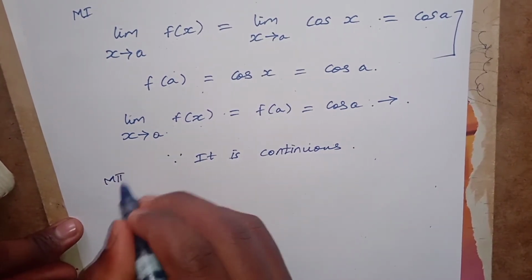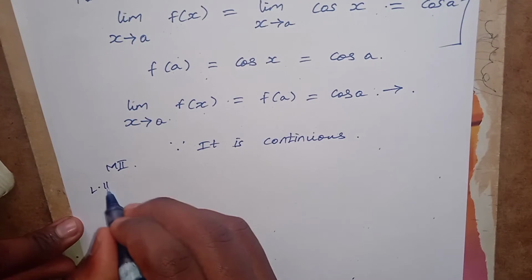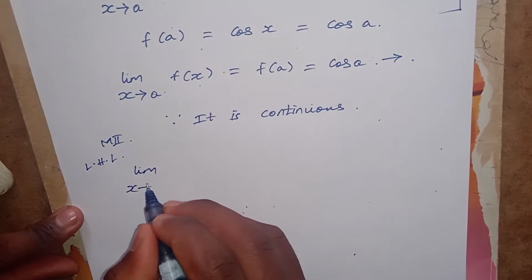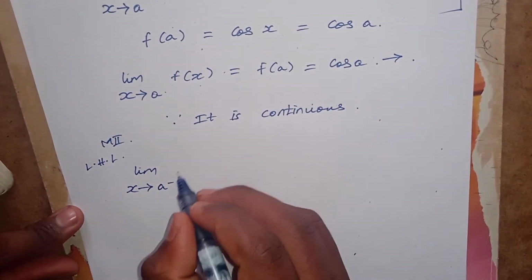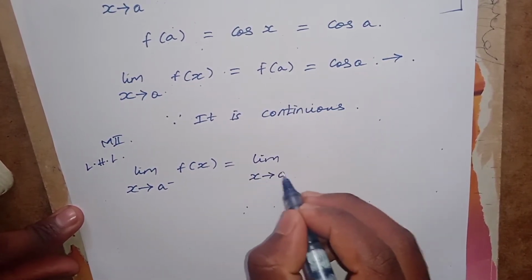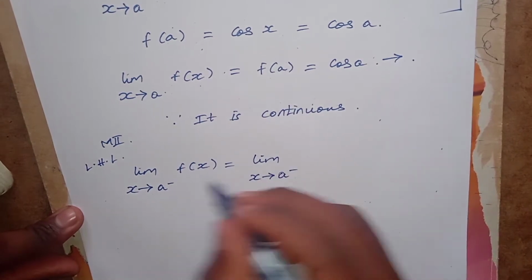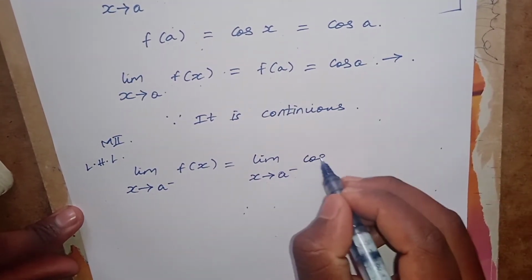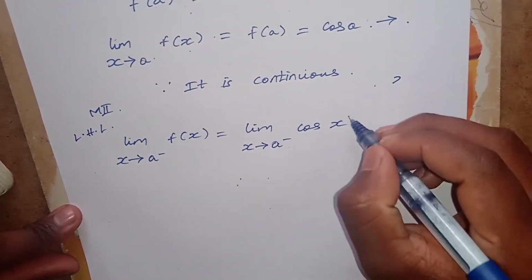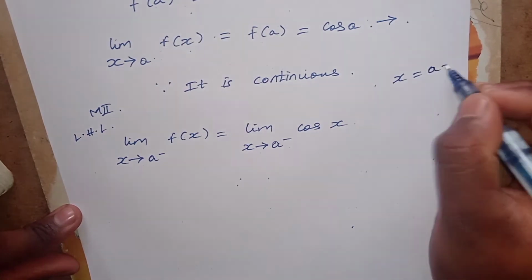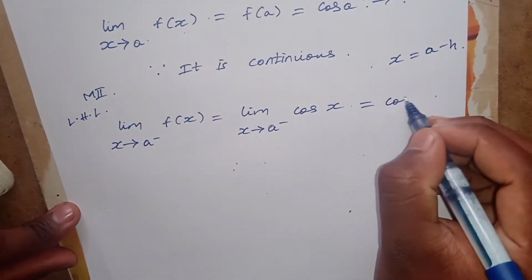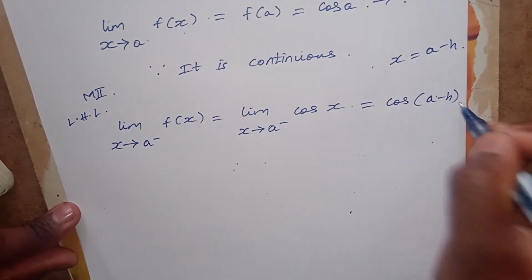Similarly, method 2. In the left hand limit, x tends to a minus, f of x, my function is cos x. In the place of x you have to substitute a minus h, because it is the left hand limit, therefore cos of a minus h.